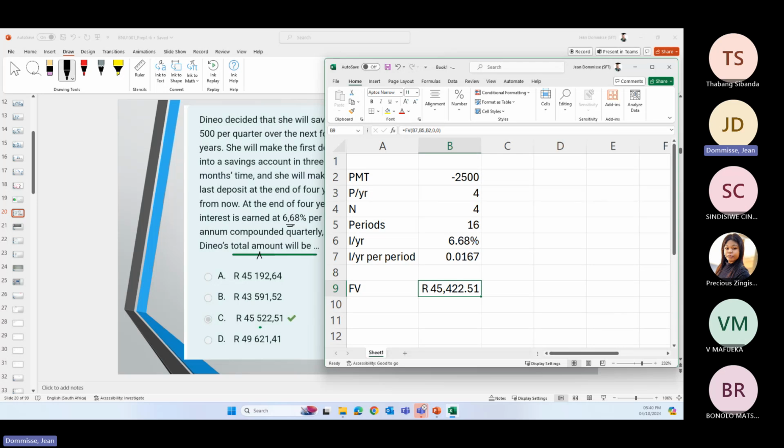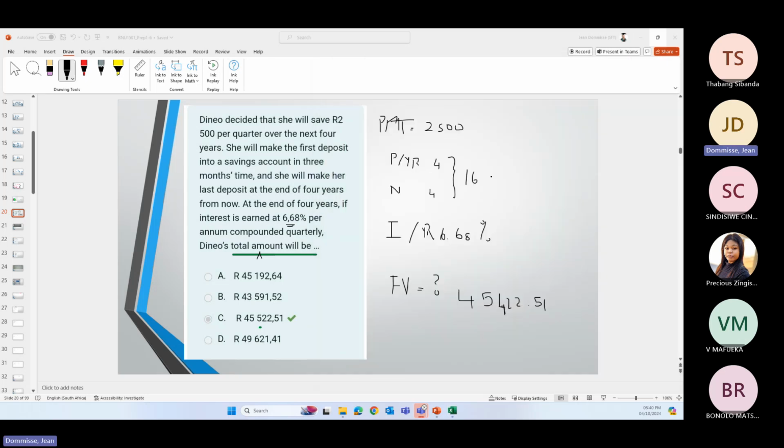I will just say there was this group of students that complained about the one question. So please let me know after the exam. I will share the spreadsheet with you guys so that you can look at it. But using the spreadsheet or your financial calculator, you will get to the same answer.